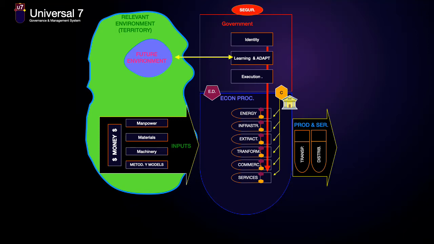Banking is a typical coordination function as it channels resources from one sector to another or within sectors. This small green arrow on the left symbolizes the flow of money. In this case, it's flowing from the operation to pay for the inputs coming from the relevant environment.